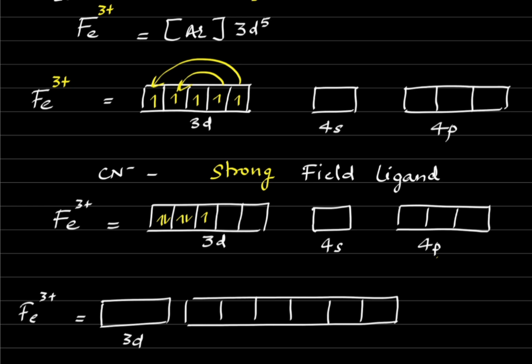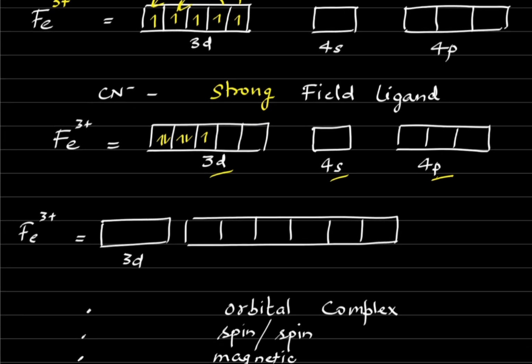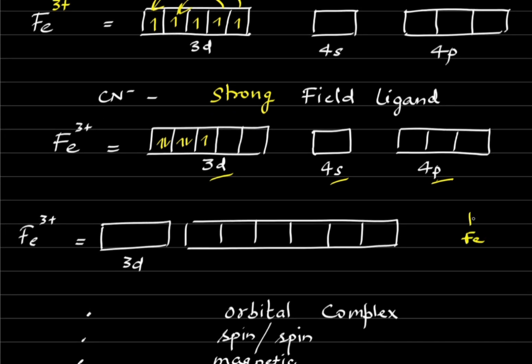But consider this. 3d, 4s, 4p, they all have different shapes, different orientations, and even different energy levels. And when we see complex of iron with 6 cyanide ligands, all these bonds are equivalent, which means that all the orbitals of iron used to make these bonds must also be equivalent.